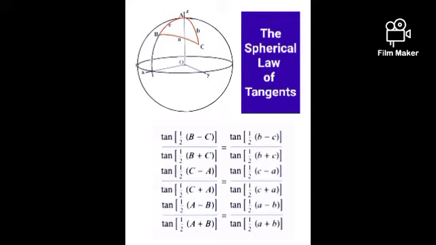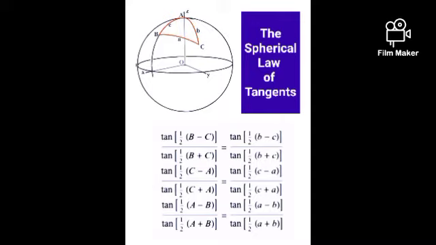And at the right-hand side, we have the ratio of the tangent of half the difference of the angles opposite the two sides and the tangent of half the sum of the angles opposite the two sides. But in these equations, we have the ratio of the tangent of half the difference of two angles and the tangent of half the sum of two angles.